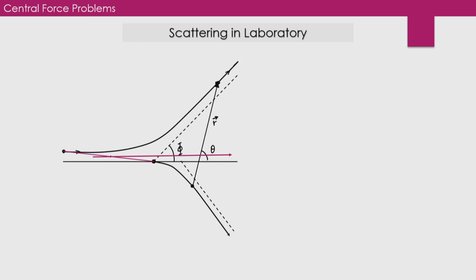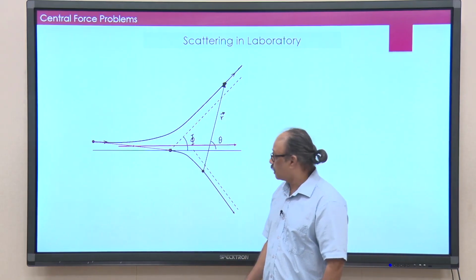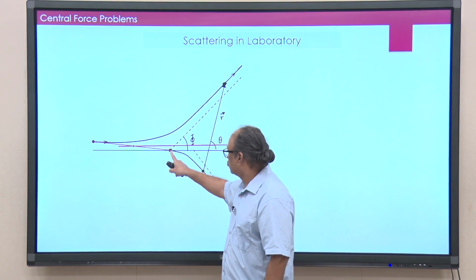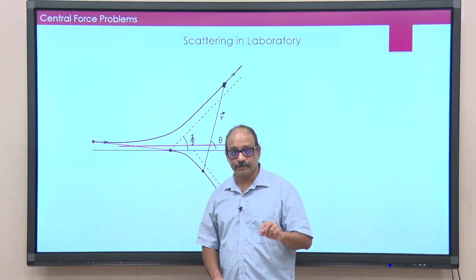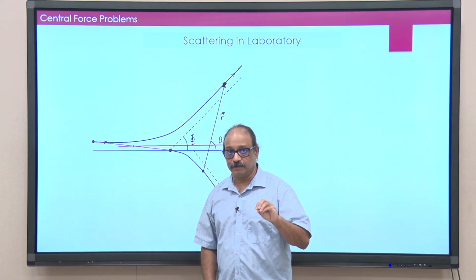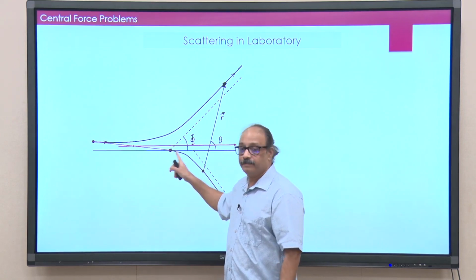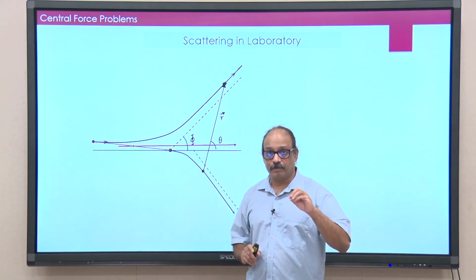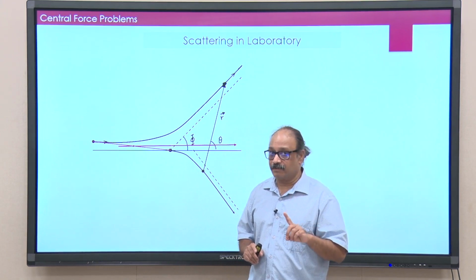What actually happens is something like this. In this case, this is the setup that we see. This is what happens in the laboratory. Earlier I assumed that this scattering center is fixed at the origin, the target atom does not budge, but that is not what will happen.